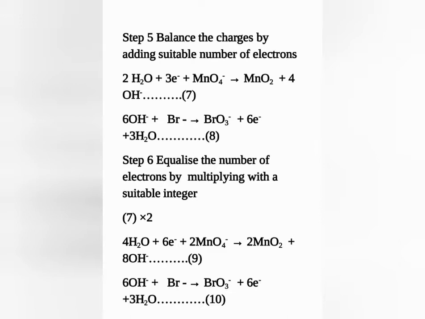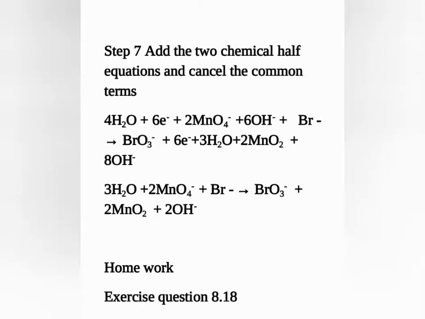And step number 7 is to add the two chemical equations and cancel the common terms. As we have mentioned, add the two chemical half equations. So how will you be adding? The left hand side together will give the right hand side together, and common terms have to be cancelled. The electrons should be equal in number, and no electrons must be there in the final answer.